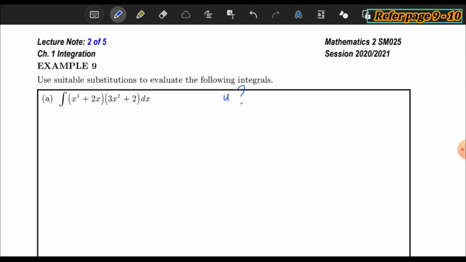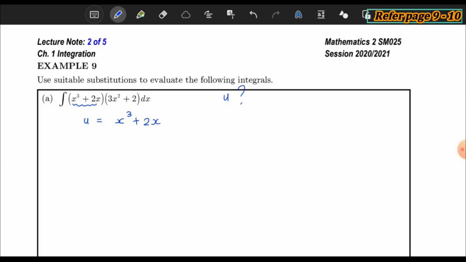So for part A, we have x cubed plus 2x, and another one is 3x squared plus 2. Which one is more complicated? Yes, x cubed plus 2x. It has the higher degree, isn't it? So, we choose u equal to x cubed plus 2x.